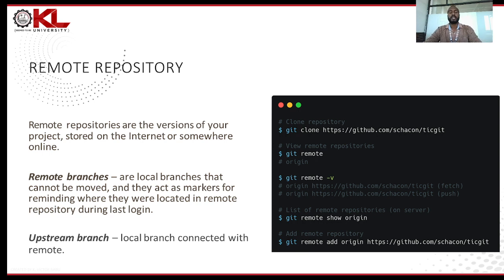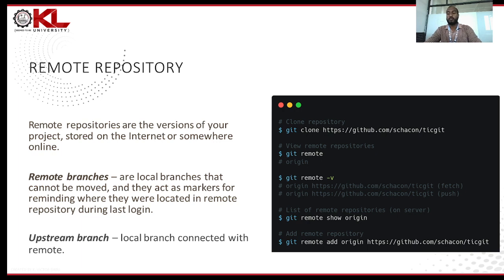I'll tell you a very simple point about these five points: I took a repository, just taking my repository online. That means git clone. After that, to see or fetch the information, I am using -v. If I want to see every repository on my server side, I'm using show origin.